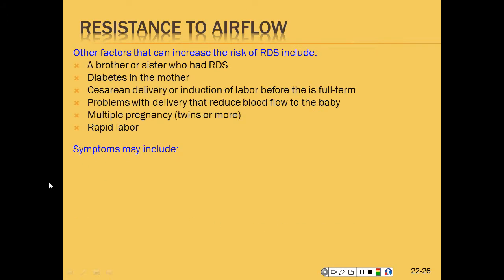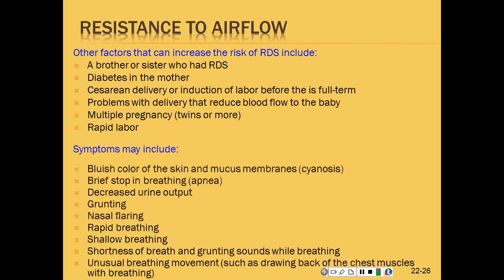Other factors that increase the risk of RDS include a brother or sister who has RDS, diabetes in the mother, cesarean delivery or inducing of labor before the full term, problems with delivery that reduce blood flow to the baby, multiple pregnancies, twins or more, and a rapid labor.